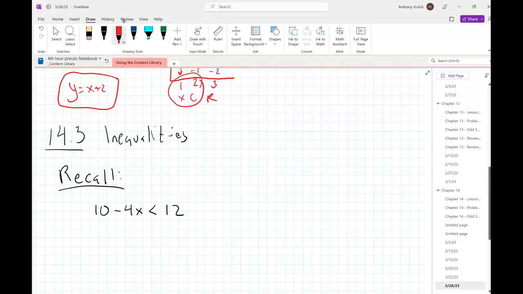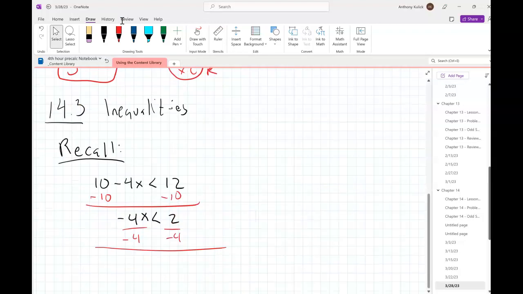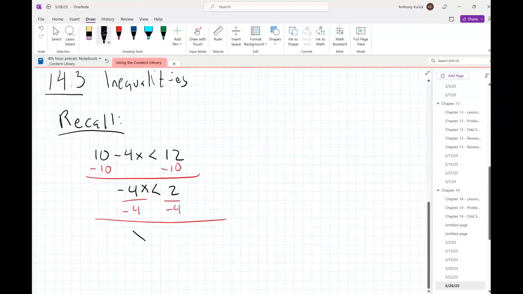Okay, so the first thing I do is subtract 10 from both sides. That's good. Okay, then what? Divide by -4. Yeah, what do I have to be careful about here? Good. The inequality changes direction.